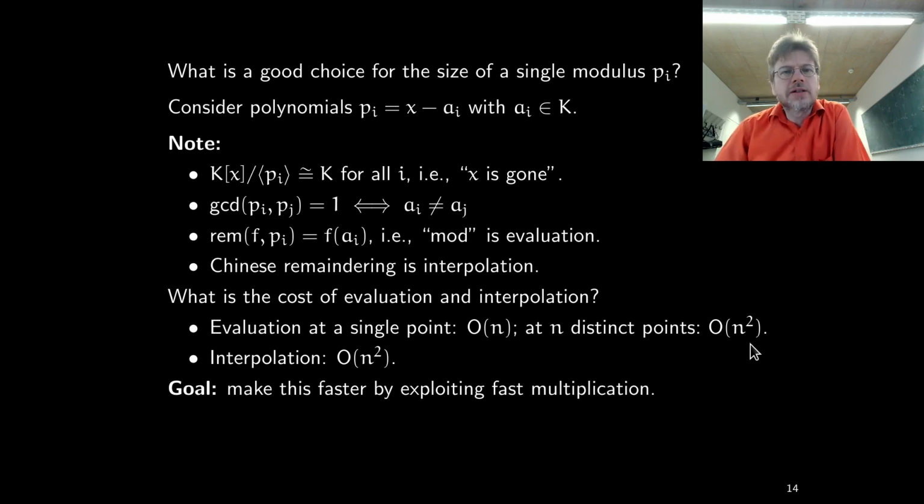And we have seen that evaluation and interpolation is a general tool for avoiding the growth of expressions. So if you compute in a finite field instead of in the rationals, then there's no danger that things can go big, because every element in a finite field has the same size and occupies the same amount of memory in the computer.